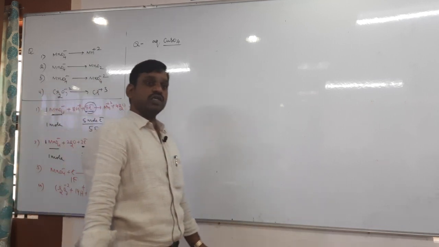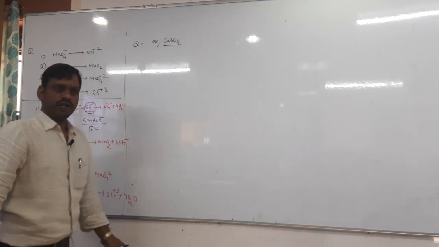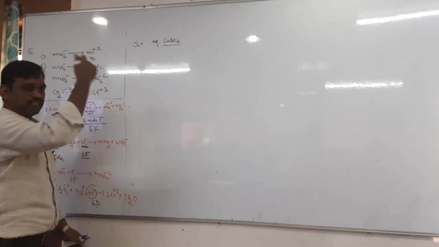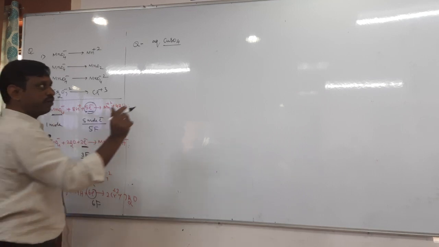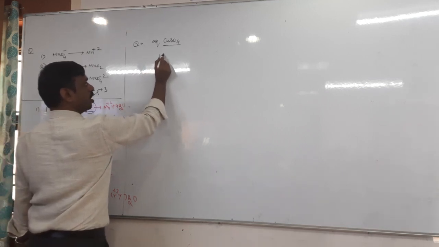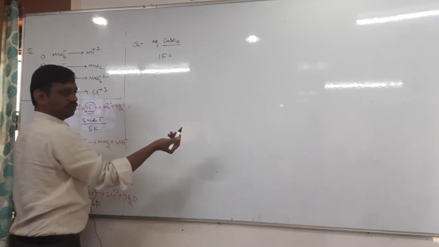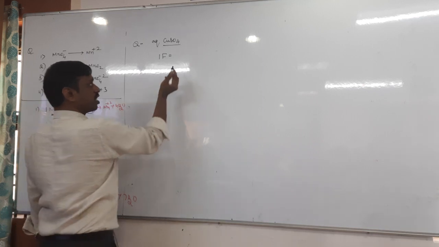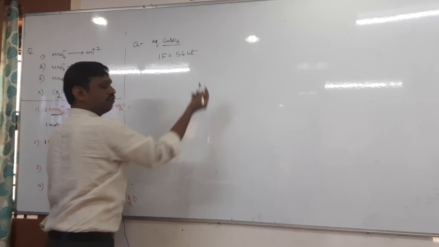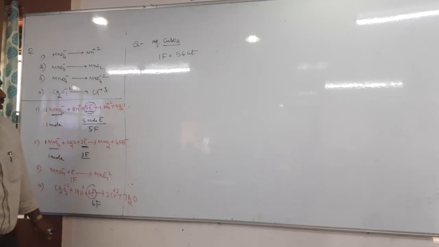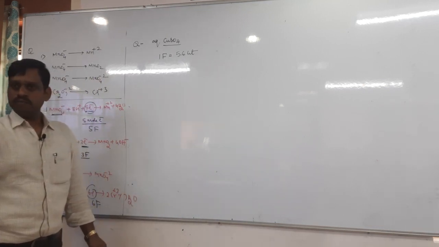How much oxygen is liberated? See, you need not think of copper sulfate, zinc sulfate, whatever it is. We want the relation between 1 Faraday and equivalent mass or equivalent volume. So 1 Faraday is equal to what is the equivalent volume of oxygen? 5.6 liters or 5600 ml.